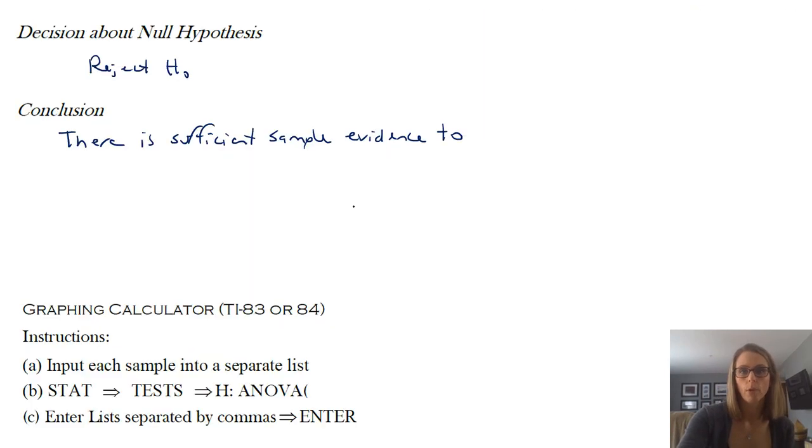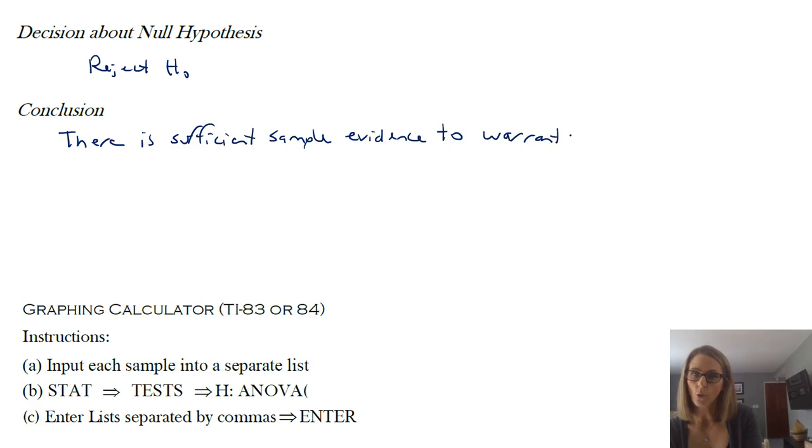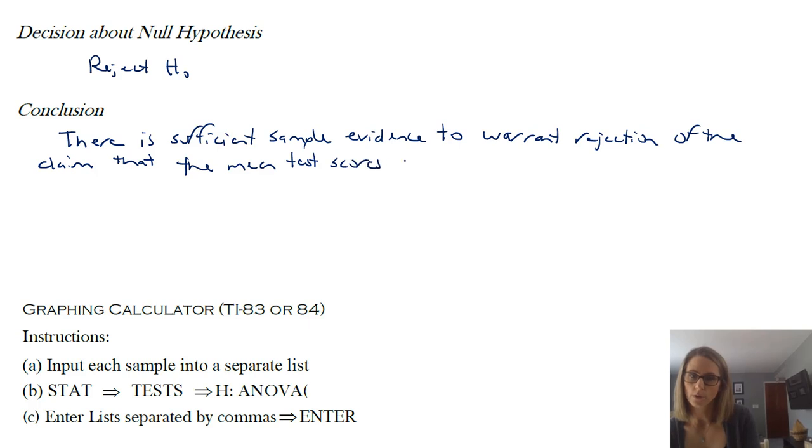When we write our sentence, and this is very common for the chapter 11 and chapter 12 sections, we say that we have sufficient sample evidence to warrant rejection of the claim that the mean test scores are the same for each treatment.